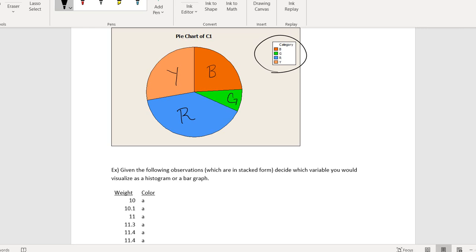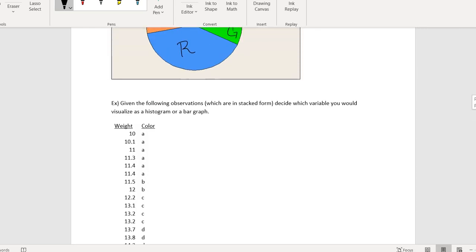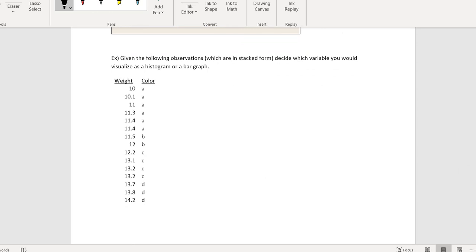Okay. So if we look at the next example, let's say that we have the following observations of something, and what we do is that we code the weight and the color of this object. Now here's the deal. If we want to get a visualization of this data, we have to decide whether we're going to use a histogram or a bar chart. For the weight, this is numerical, which means we would use a histogram.